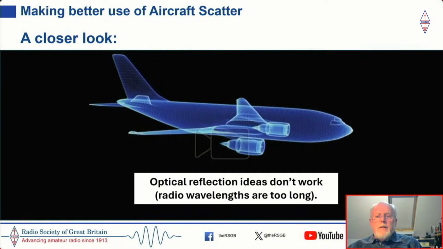So that's about 15 wavelengths on 2 meters. And by the time you get up to 23 centimeters, it's something like 150 wavelengths. Looking at 2 meters, an object 15 wavelengths high, wide, and long is not going to behave like a classical mirror.